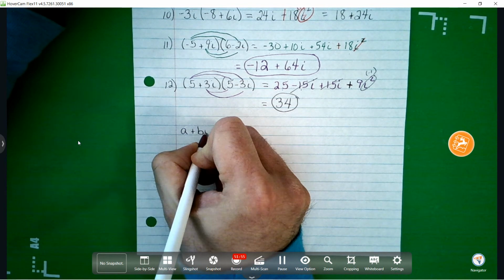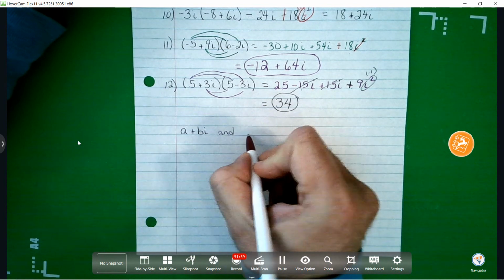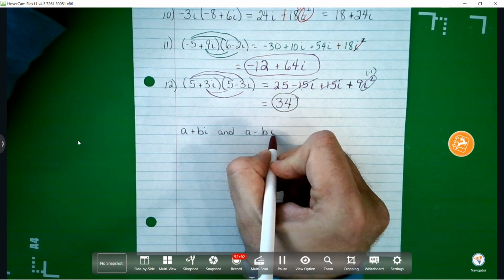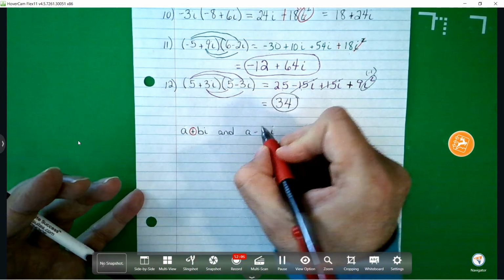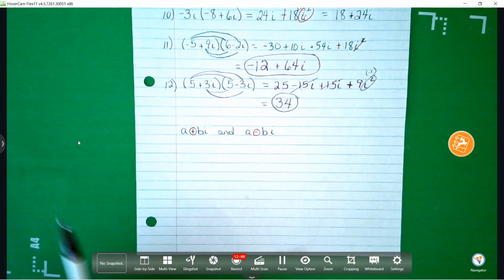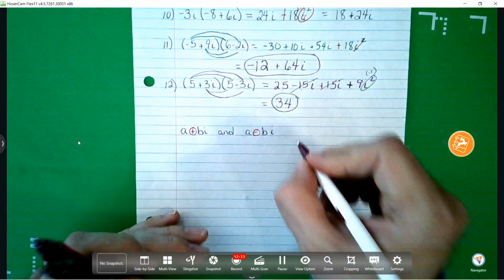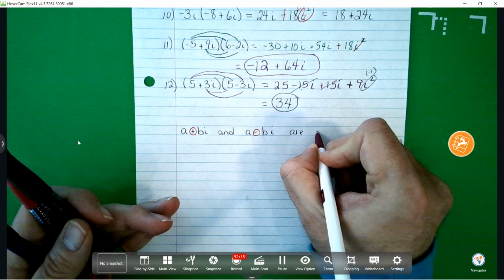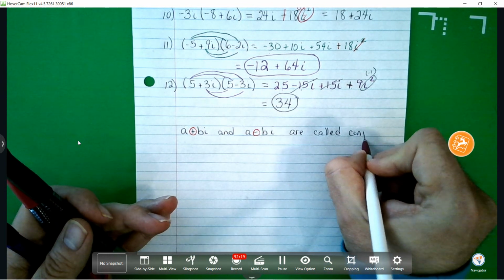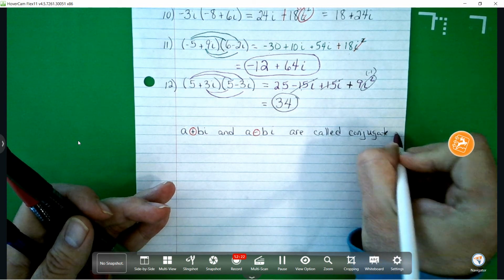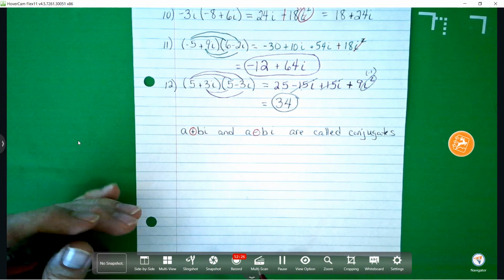If you have two complex numbers, a plus bi and a minus bi, by that I mean they differ only by the middle sign. The same numbers, but different signs. Those are called conjugates or complex conjugates. A plus bi and a minus bi are called conjugates.